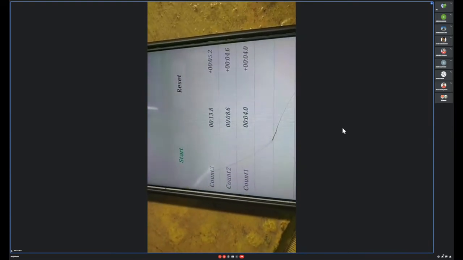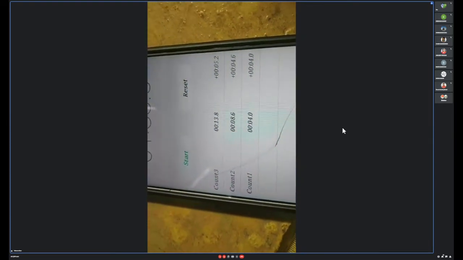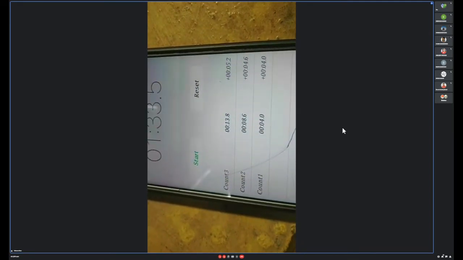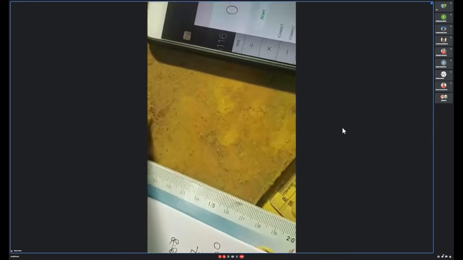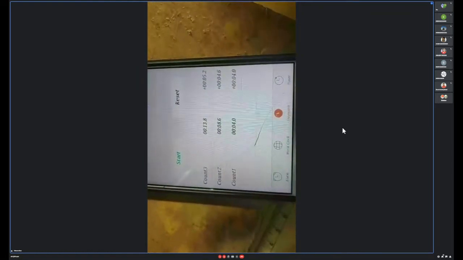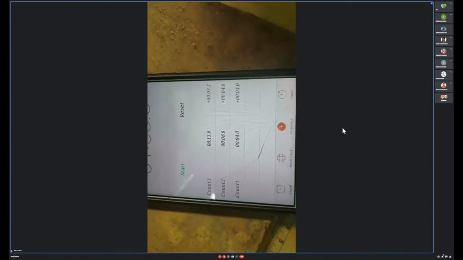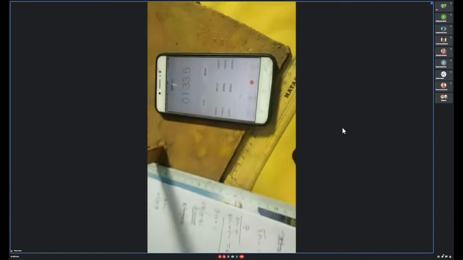For the first 10 oscillations, it took 4 seconds. For the next 10 oscillations, it took 4.6 seconds. And for the next 10 oscillations, it took 5.2 seconds. Did you get it? Yes, sir. Okay.